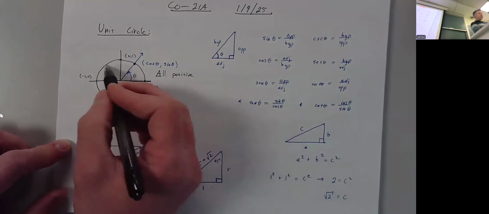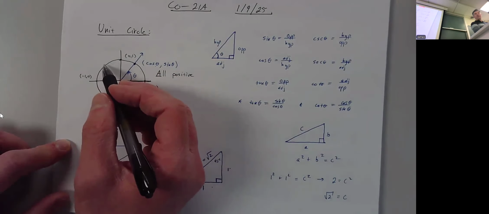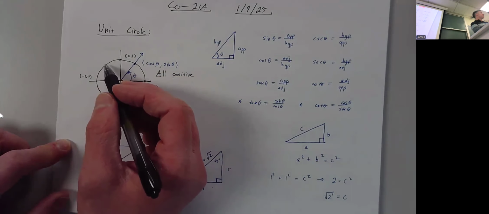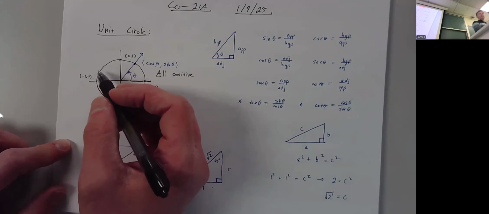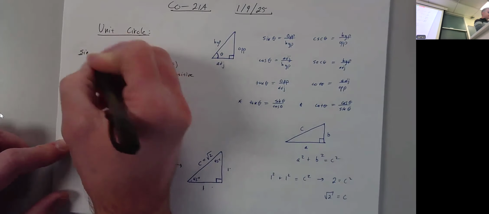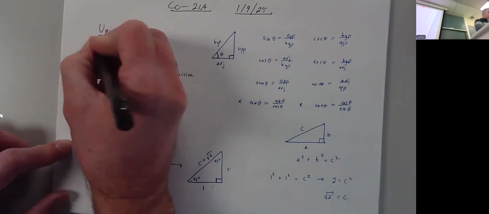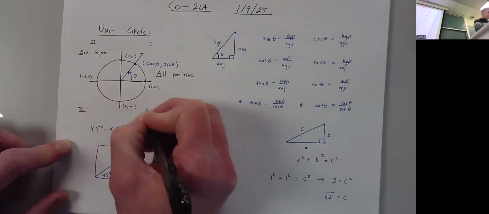Over here in quadrant 2, the y values are still positive, but the x values are now negative. So sine ends up being positive, and the other 2 primary trig functions, tangent and cosine, end up being negative. So here, sine is positive. It's quadrant 1, quadrant 2, quadrant 3, quadrant 4.